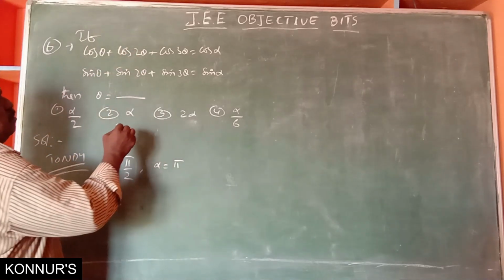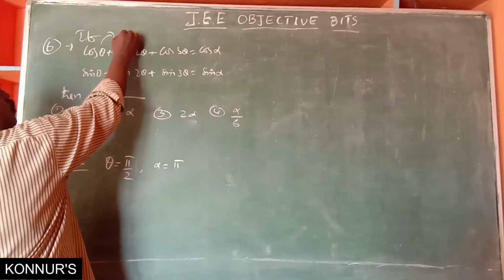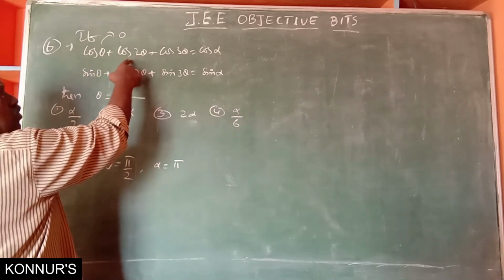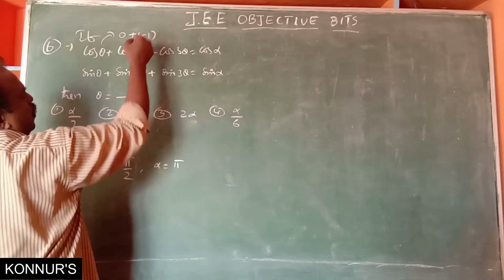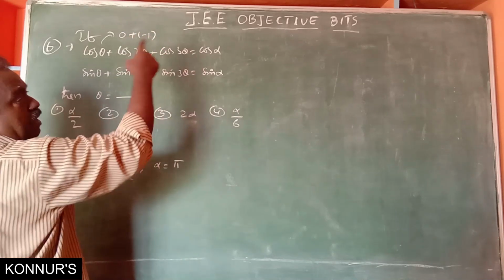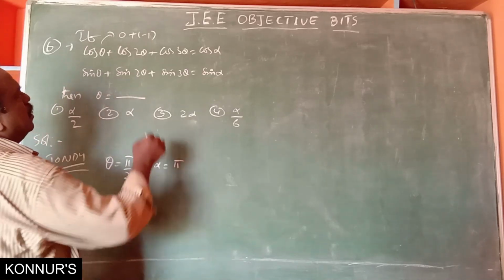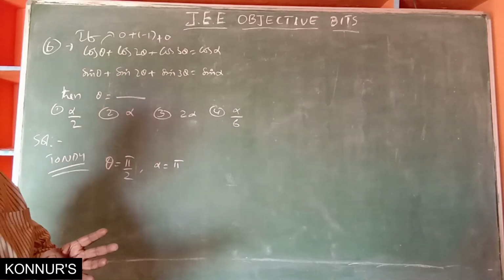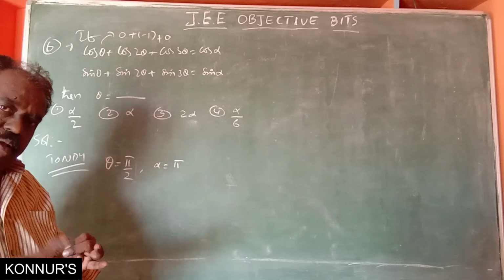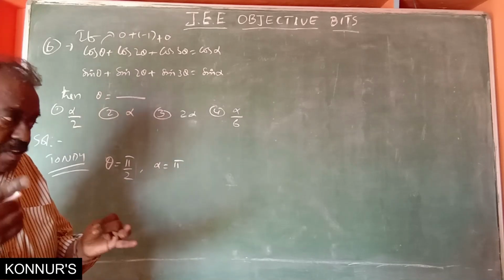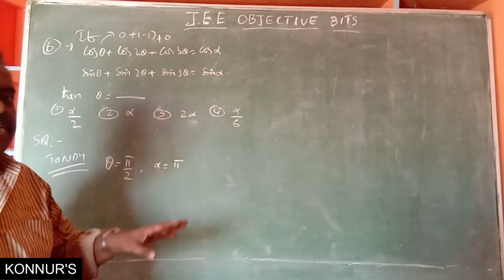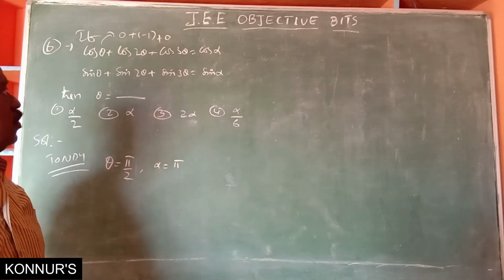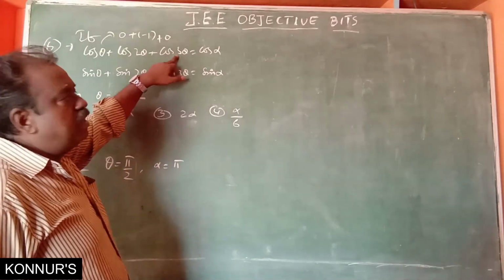Cos 3 pi by 2, 270, is also 0. You know it? Cos pi by 2 is 0, cos 3 pi by 2 is 0, cos 5 pi by 2 is 0. Cos of (2n plus 1) pi by 2: the coefficient of pi by 2 is an odd number, then it gives 0. So here also 0. Okay?